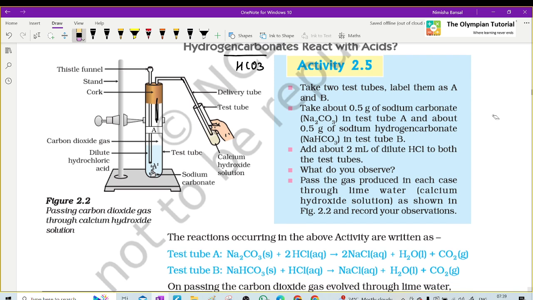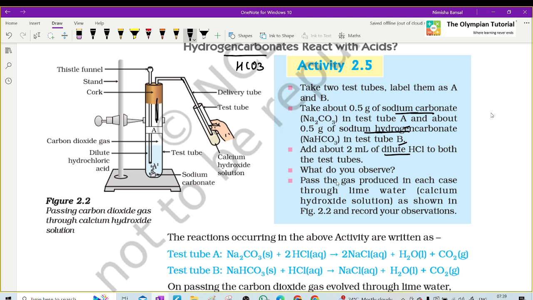So Thanya, here we are taking two test tubes. In the first one, it is sodium carbonate. In the second one, it is sodium hydrogen carbonate, NaHCO3. Test tubes A and B. We will add 2 ml of dilute HCl to both test tubes.